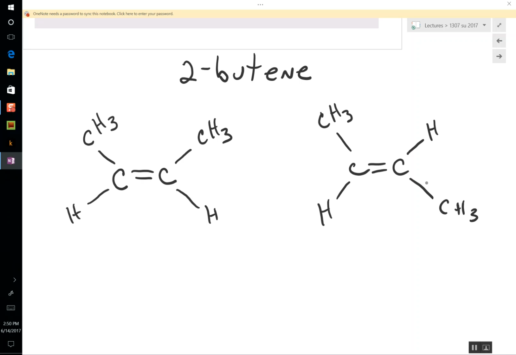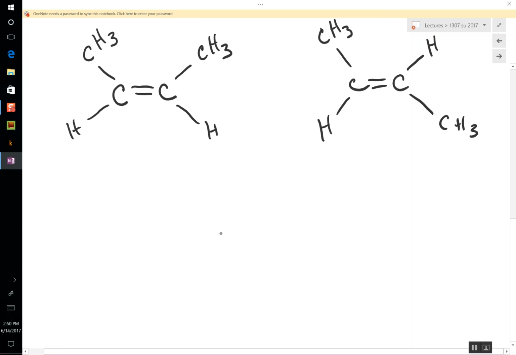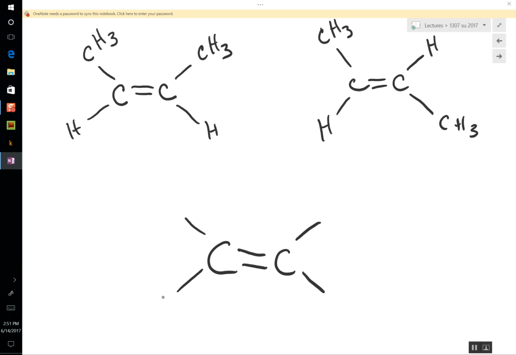They can't rotate like this. So these 4 things coming out around the double bond, this is what a double bond looks like. It's got 4 things coming out around it. They are really in a fixed position, or they happen to be.